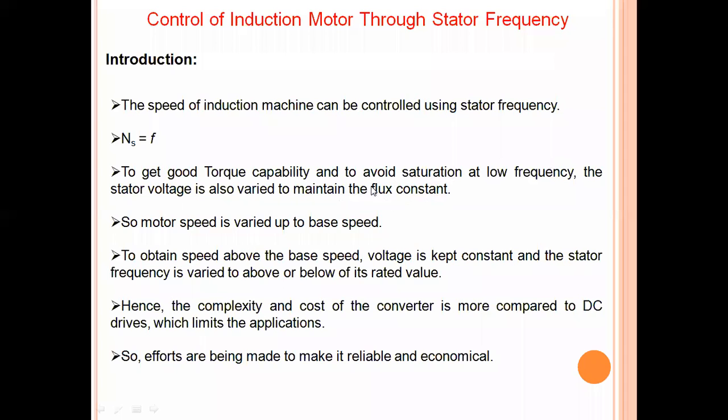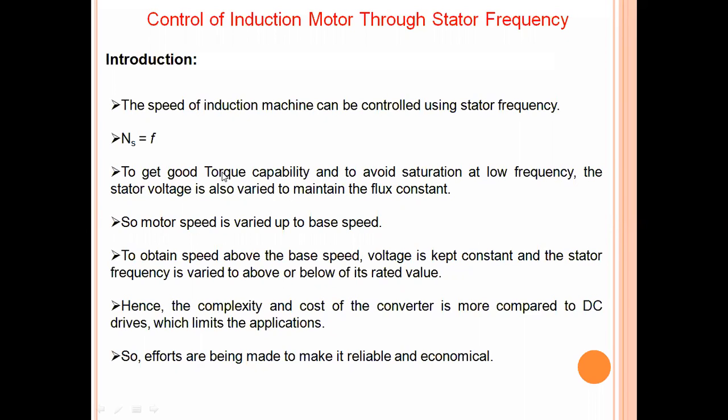The saturation happens due to the flux. So to maintain this flux constant, the stator voltage is also varied, to avoid the saturation problem and also to get good torque capability. We will see this point later in this class, because this is the major point in the frequency control. We will see it in detail with the equations, and discuss this point again in a later class.